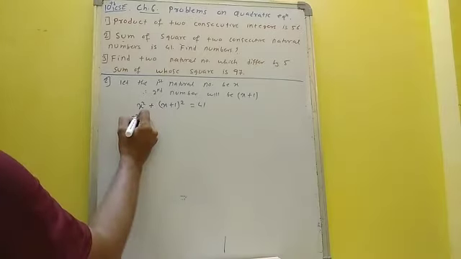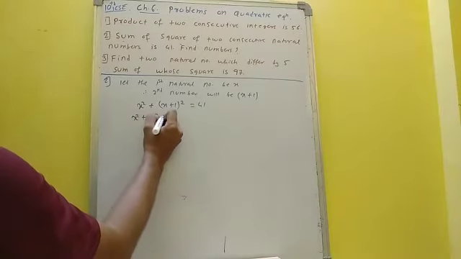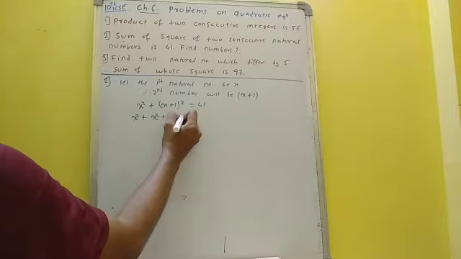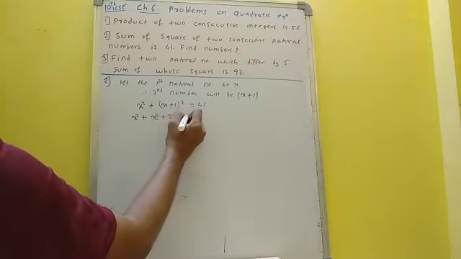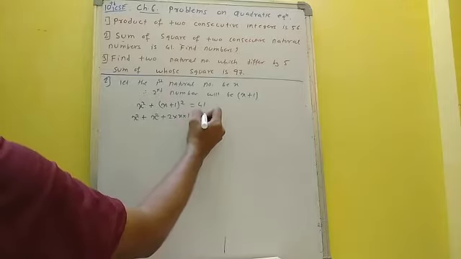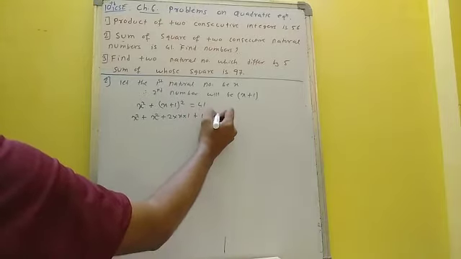That is x square plus a square plus 2 into a into b plus b square. 1 square is 1.